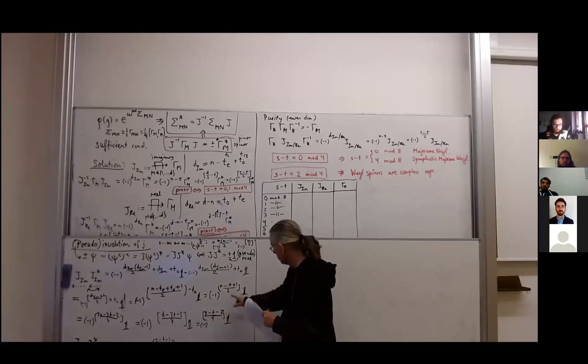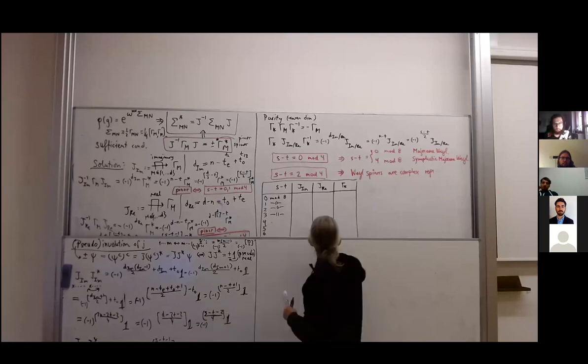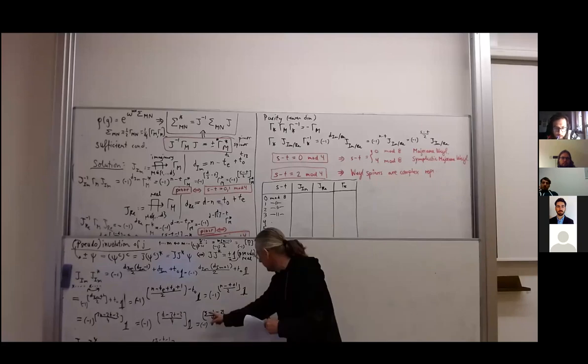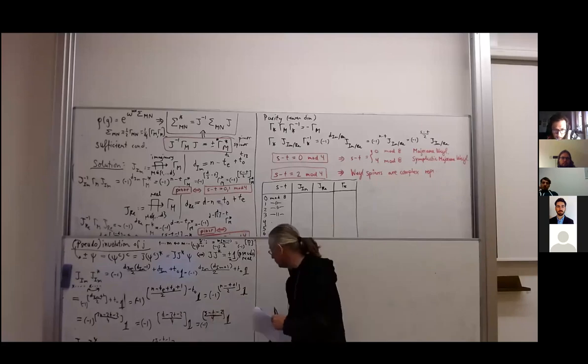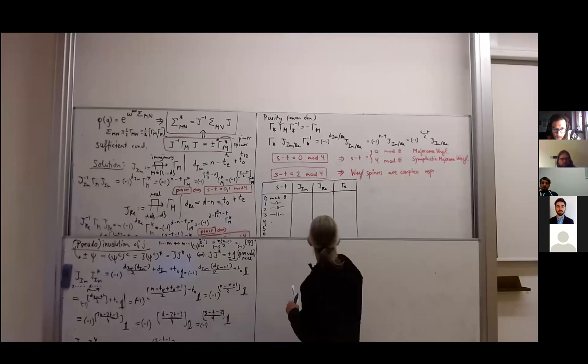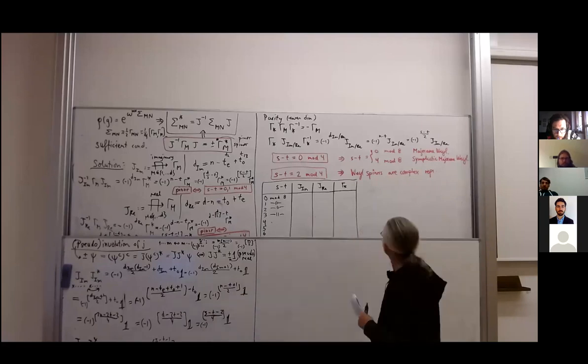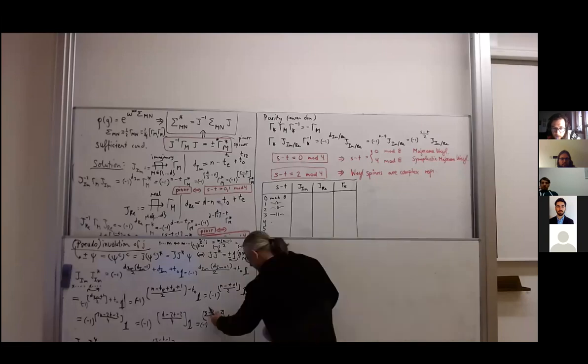If s minus t is 4, then I get 4 here minus 2, that's 2. Oh, it's 4 here. So this is 4 minus, so this is 2, that's a half.